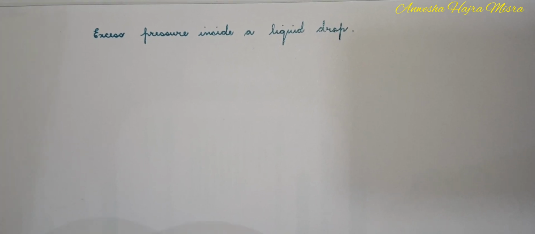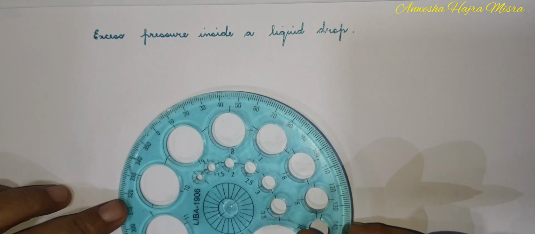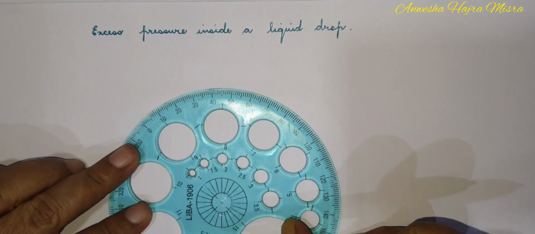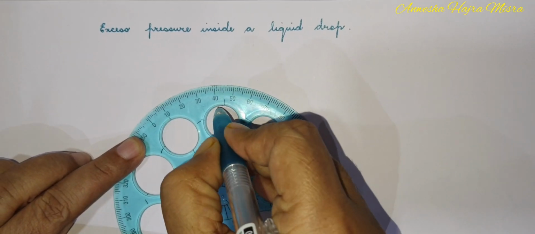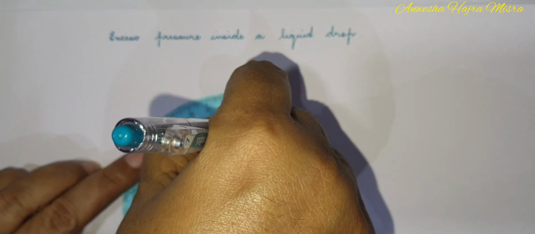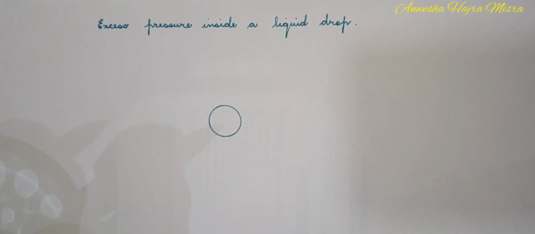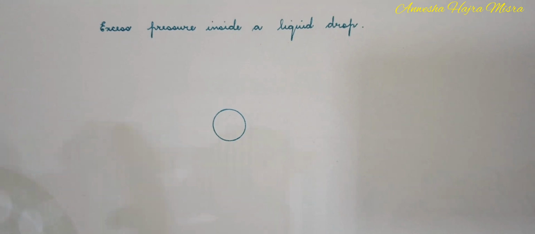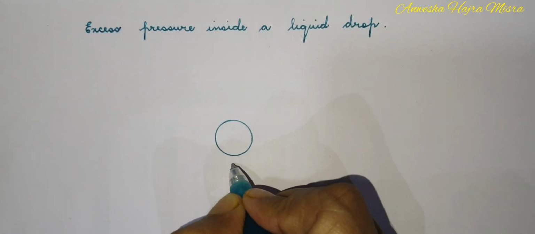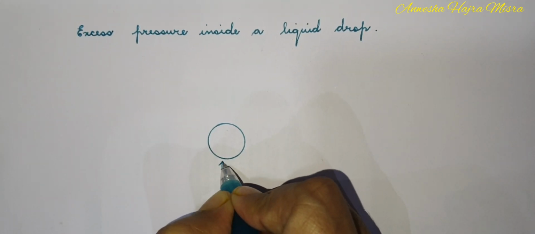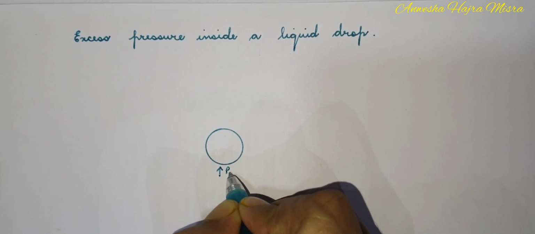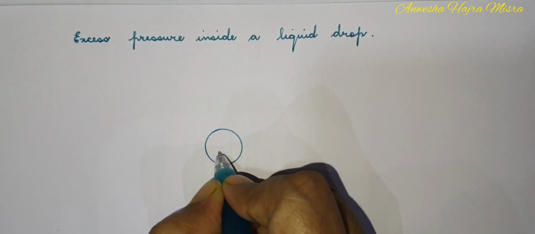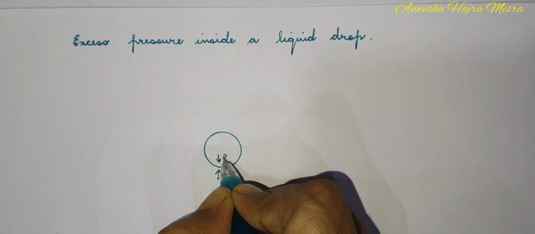Now, let us assume this is a liquid drop. From outside, it is P0, and from inside, pressure is Pi.